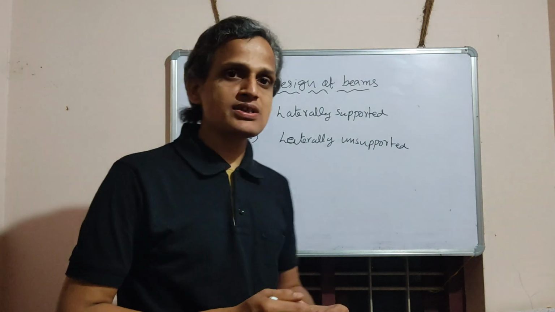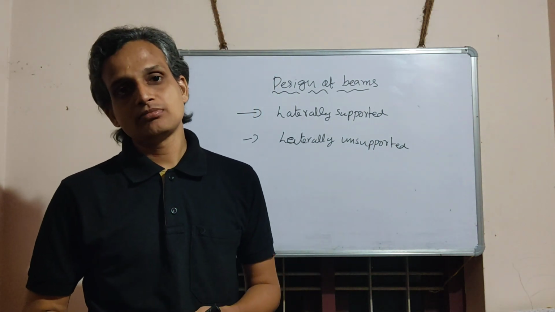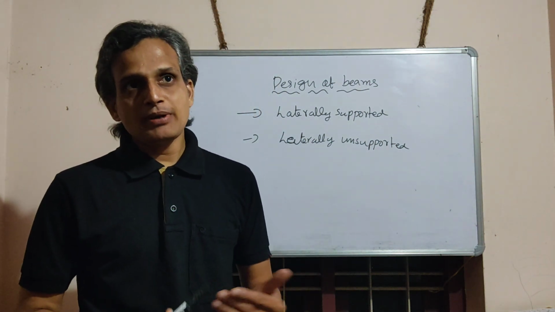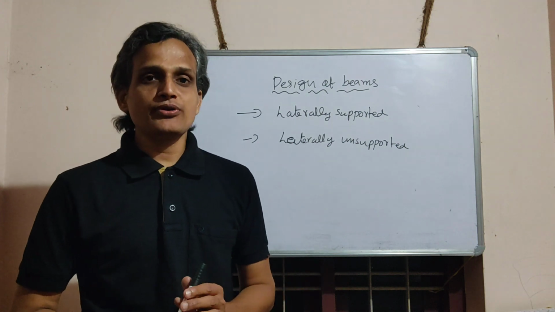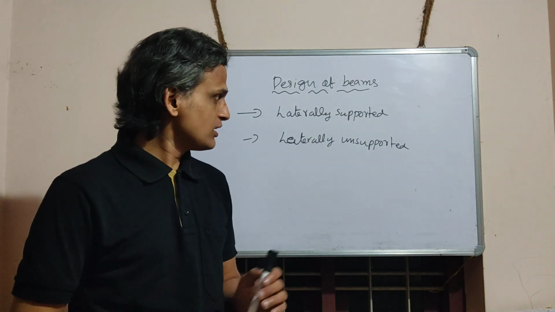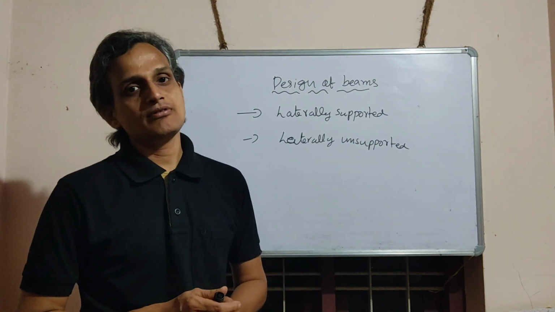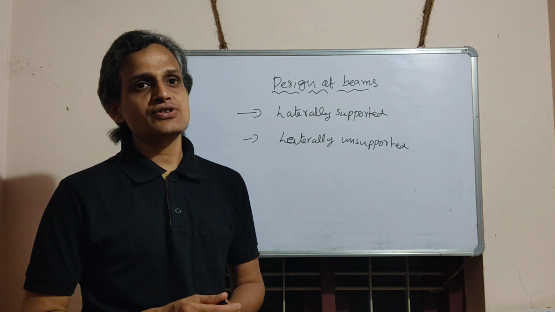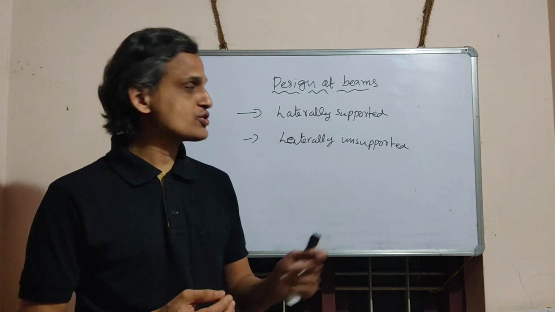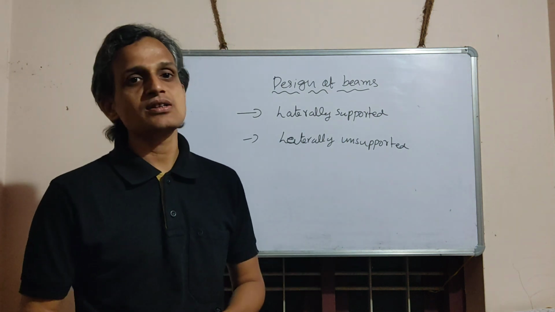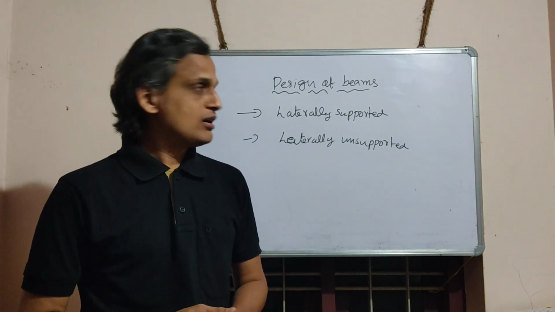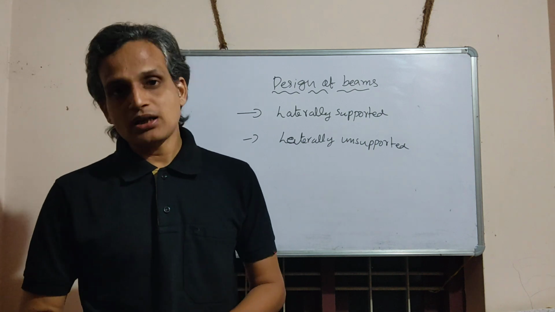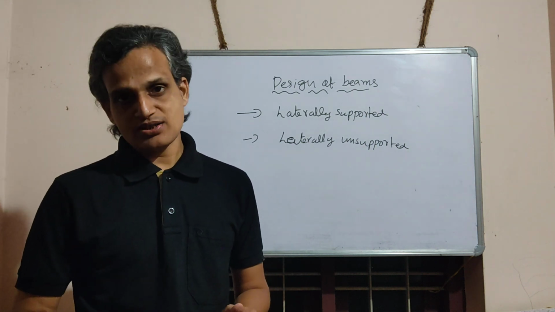Now, what is meant by this lateral support? From a competitive exam point of view, usually this idea is an important factor, because on many occasions some small questions related to lateral support and laterally supported beam and unsupported beam are asked.